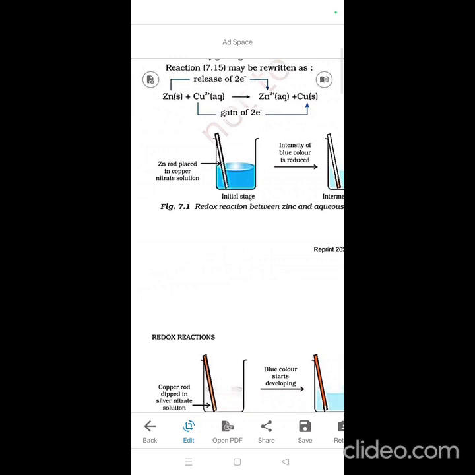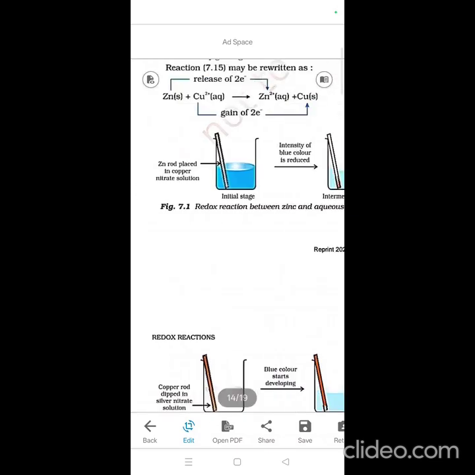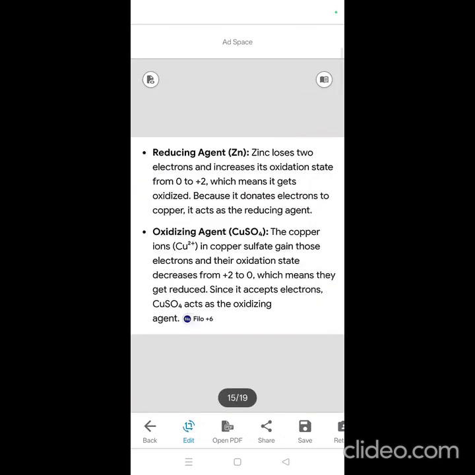So Cu2+ is the acceptor of electrons, the oxidizing agent. So CuSO4 or Cu2+ is the oxidizing agent and zinc is the reducing agent. As zinc loses 2 electrons, zinc is the reducing agent, and CuSO4, as it accepts electrons, acts as the oxidizing agent.